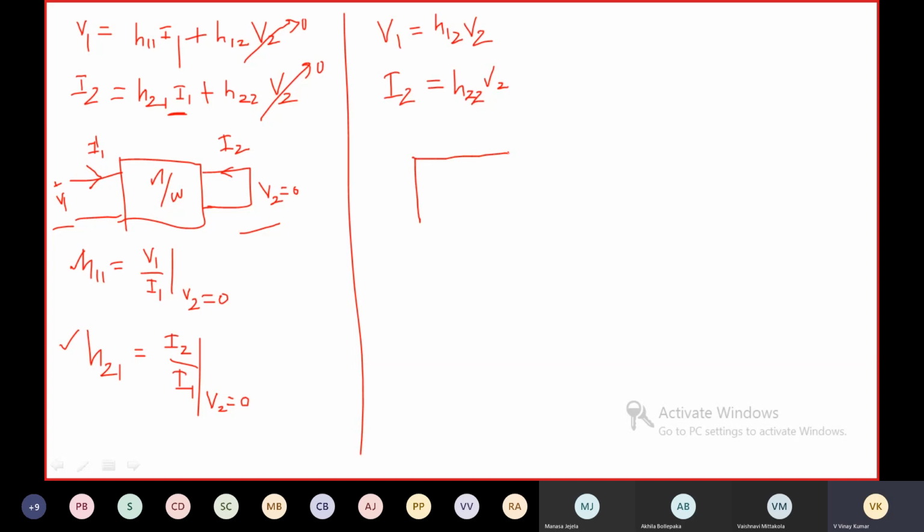Making I1 0 means open circuit port 1. This is V2, and the current going in is I2.